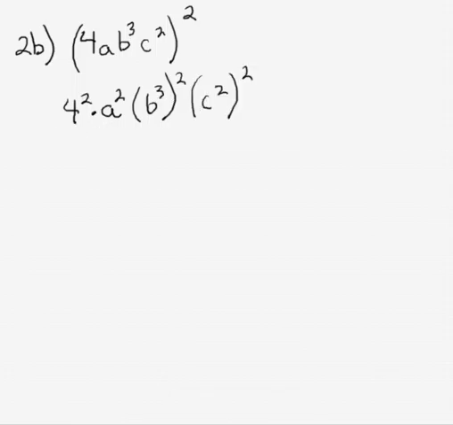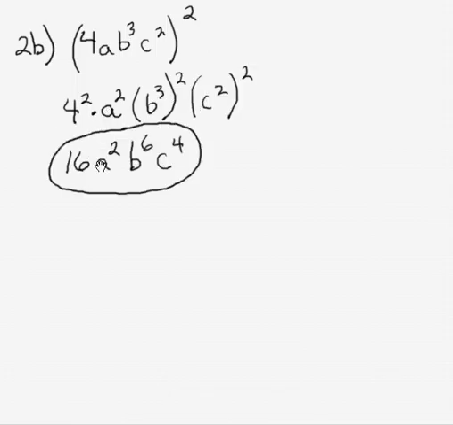Simplifying, 4 squared is 16. A squared stays a squared. You have a base raised to a power, raised to a power. You multiply the exponents, so 3 times 2 is 6. And then another base raised to a power, which in turn is raised to a power, so you multiply 2 times 2 is 4. And that's our answer, our monomial 16a squared b to the 6th c to the 4th power.